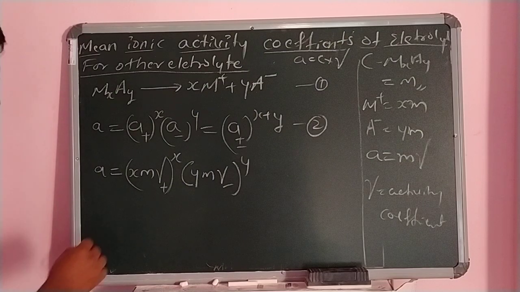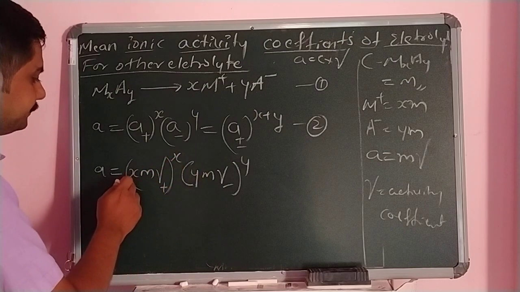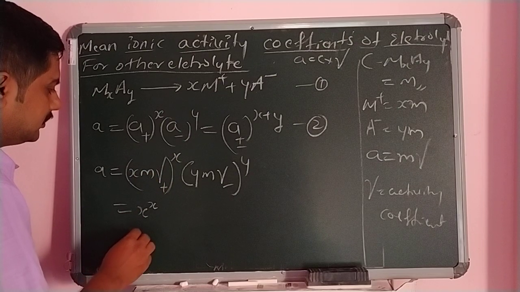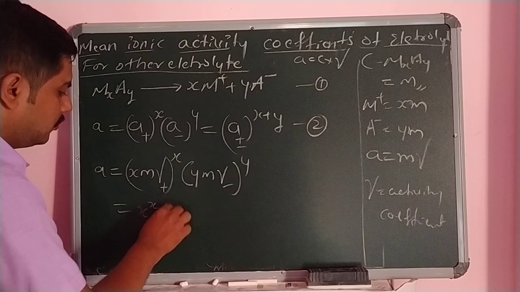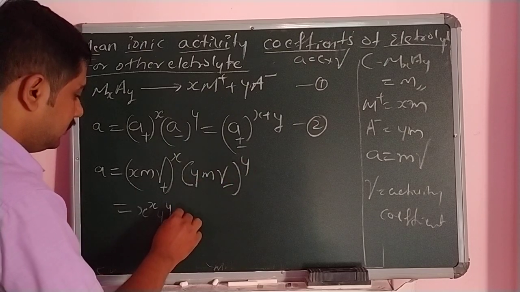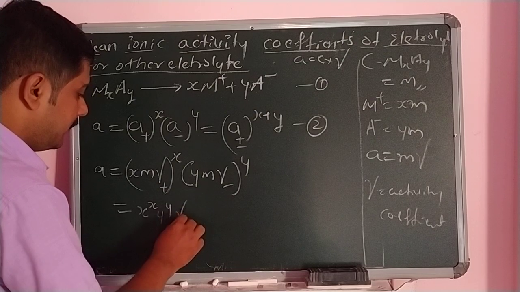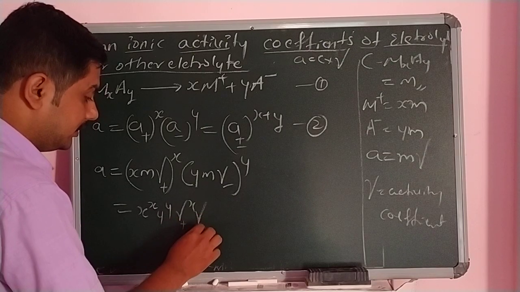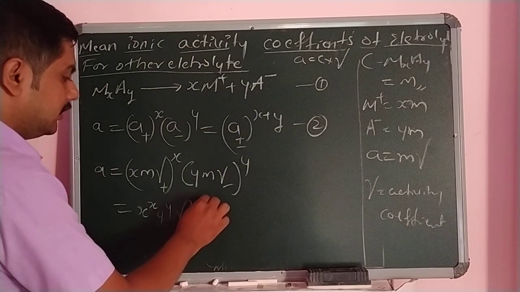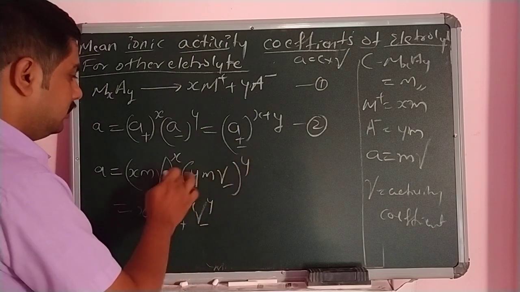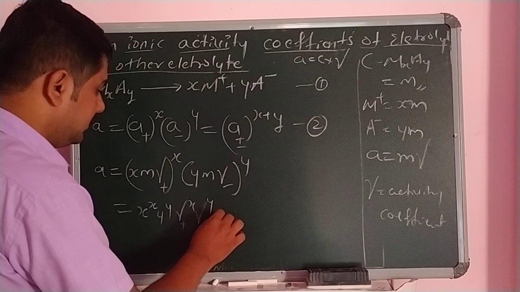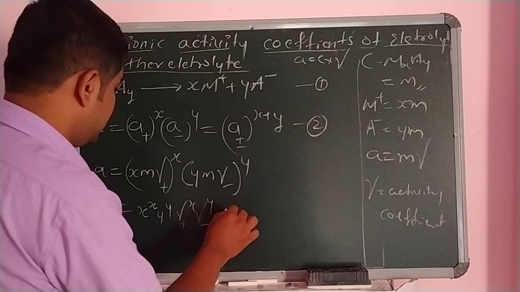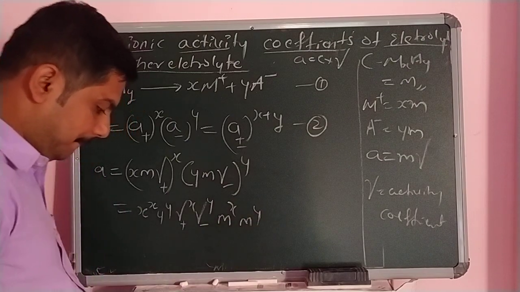So if you consider this, x raised to x and y raised to y, gamma plus raised to x, and here the activity coefficient gamma minus raised to y, and then m raised to x, m raised to y.